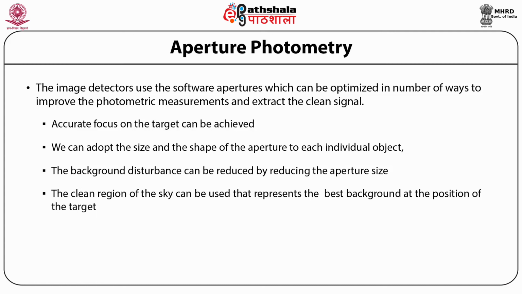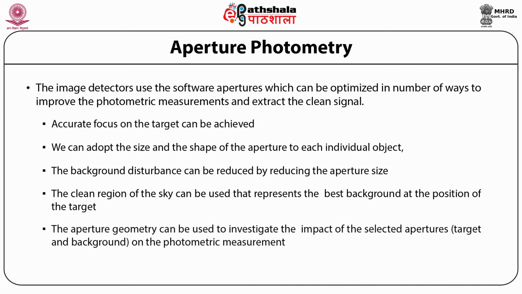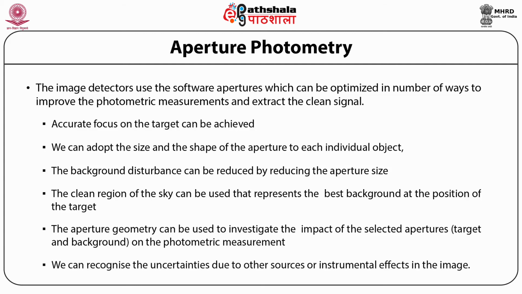A clean region of the sky that represents the best background at the position of the target can be used. The aperture geometry can be used to investigate the impact of the selected apertures on the photometric measurements. We can recognize the uncertainties due to other sources or instrumental effects in the image.